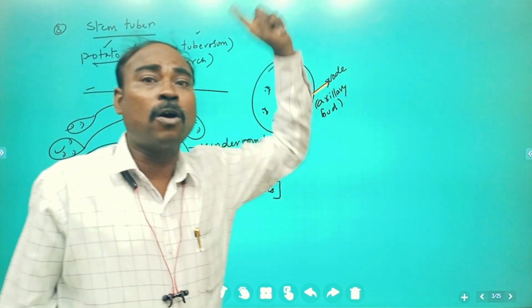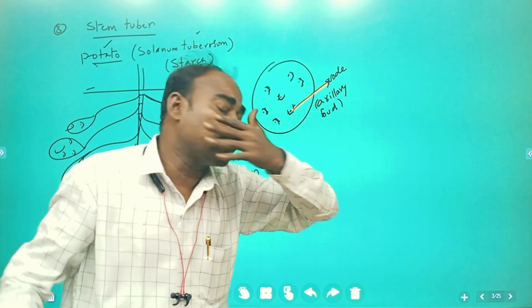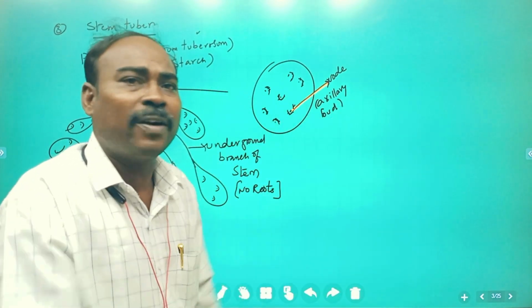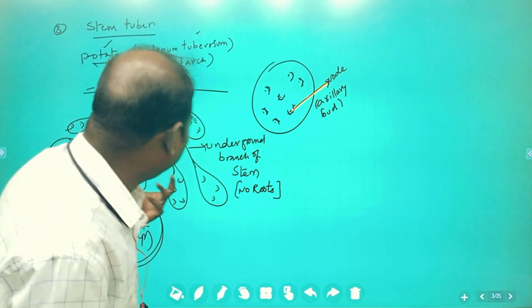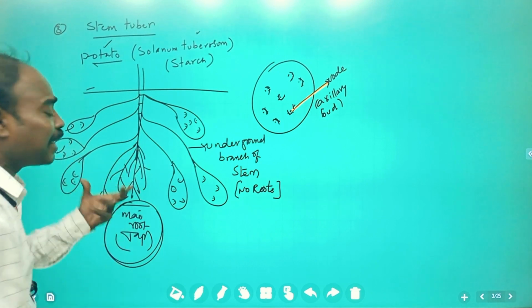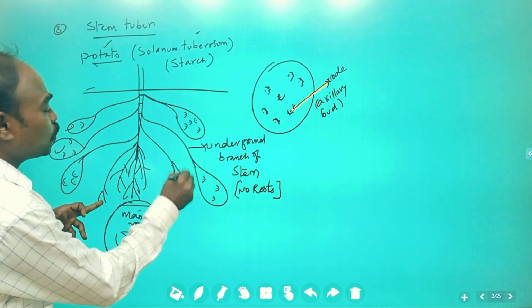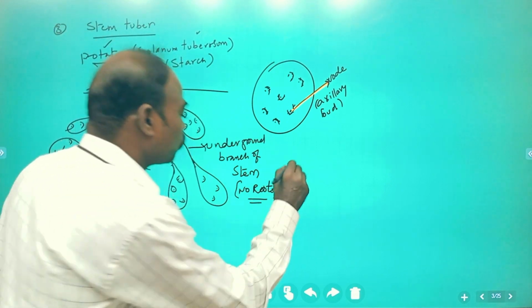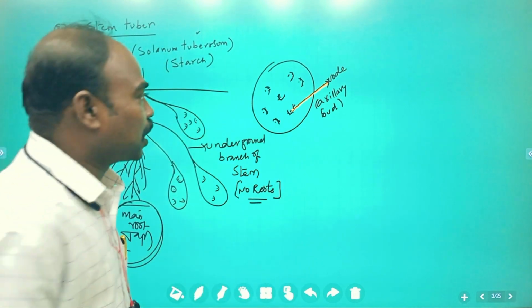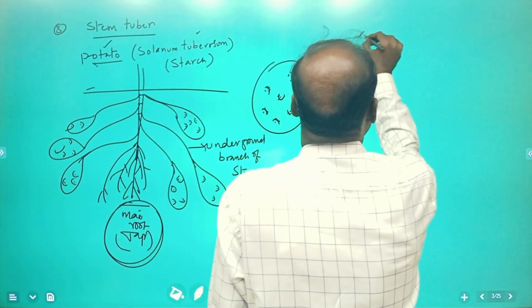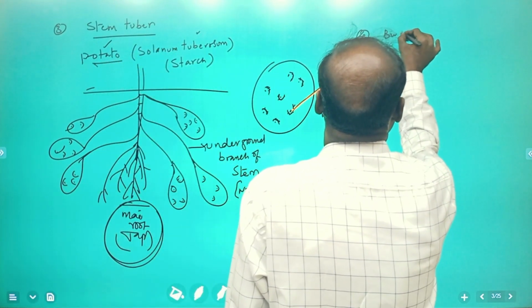But in rhizomes and corms, the underground portion of the stem grows horizontally or vertically and produces adventitious roots at nodes. But here there is no need because it is a dicot plant. It has a main taproot system and produces underground branches without roots. Example, potato.